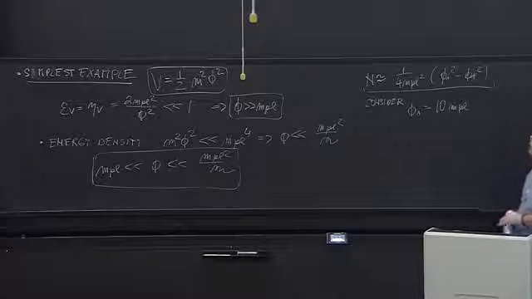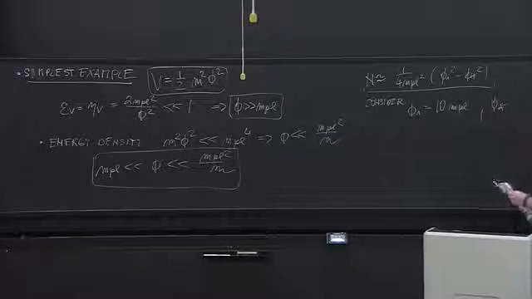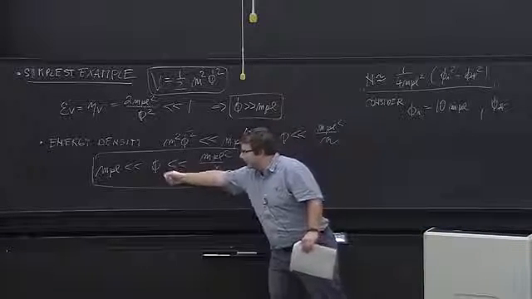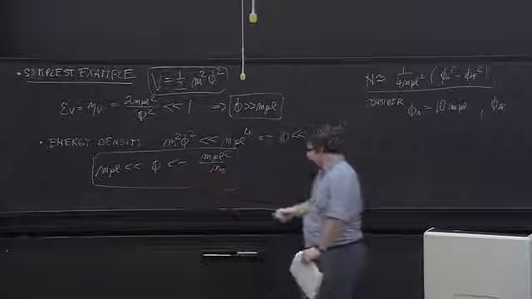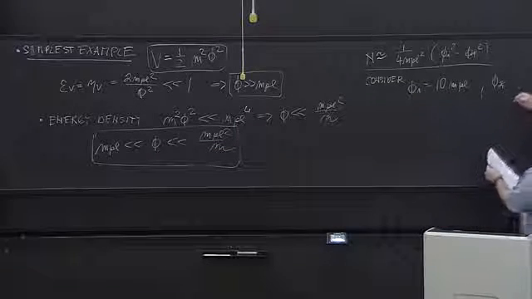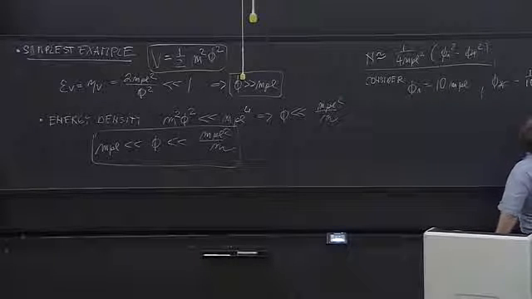Then phi at the end must satisfy this condition. Well, phi must satisfy it all the time, but in particular, initial and final, you have to satisfy this. So phi final is 1 over 10 m Planck square over m.